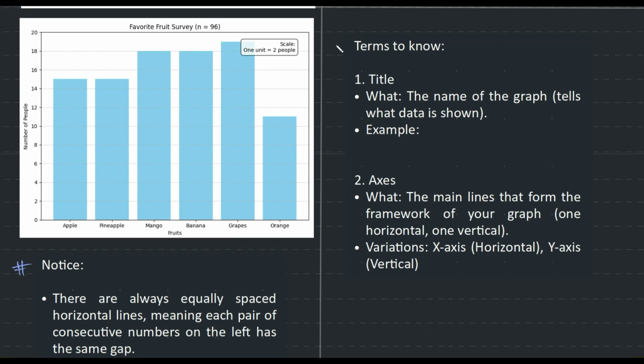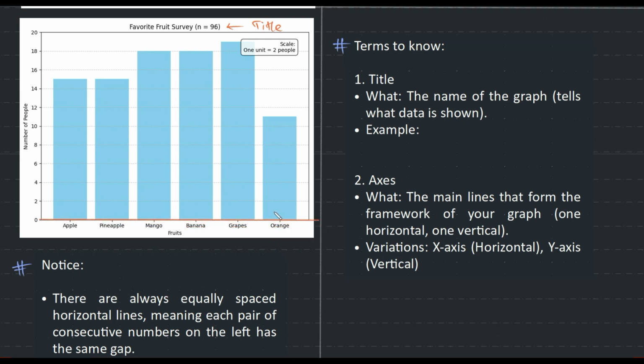Okay, let's move on to the terms that we need to know. First is the title. So in this case, what is the title? Yes, this is our title. It basically gives what it is that we are looking at. Now, axis. The main line that forms the framework for your graph. Which do you think is the axis?